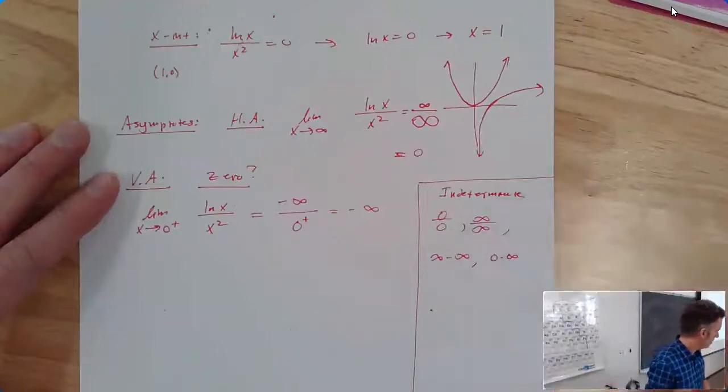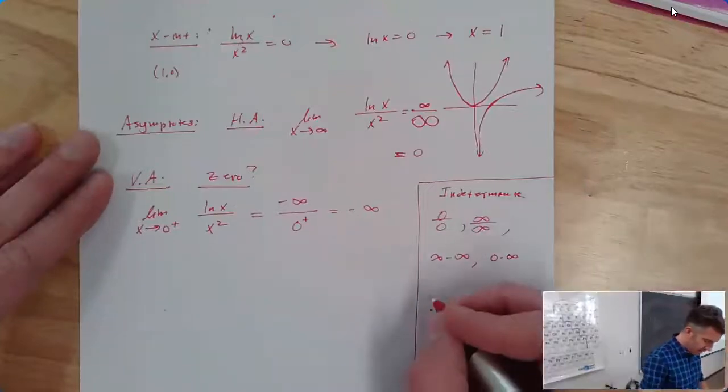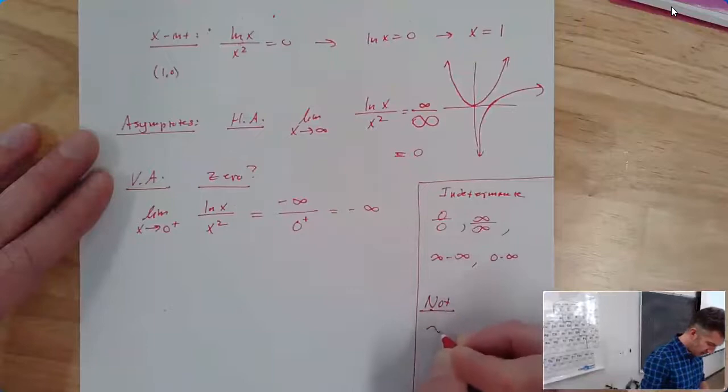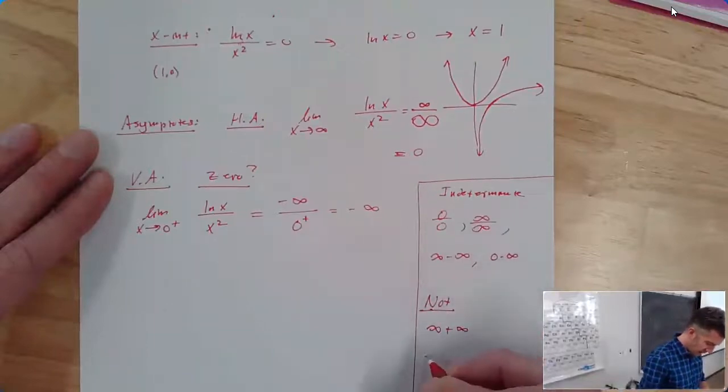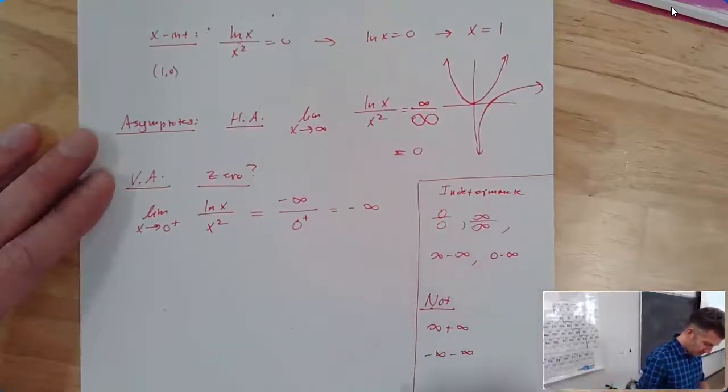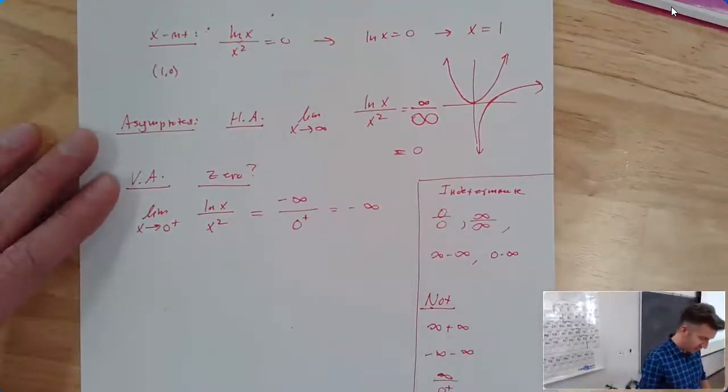But these are the ones we're seeing right now. But specifically, not indeterminate: infinity plus infinity, negative infinity minus infinity, infinity divided by a small positive number, or infinity divided by a small negative number. Those all work out just fine.